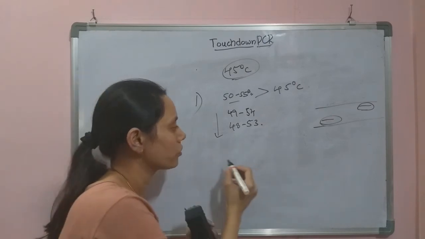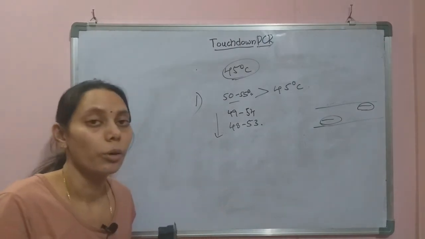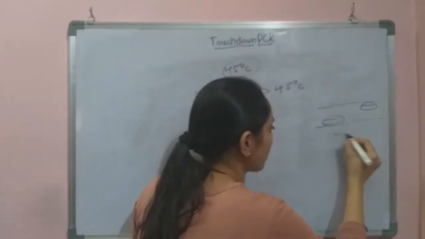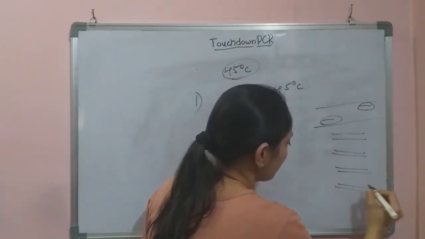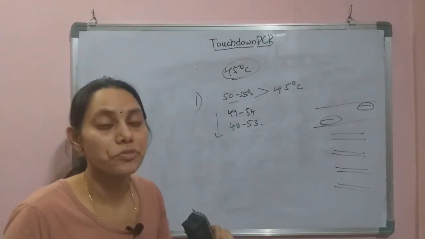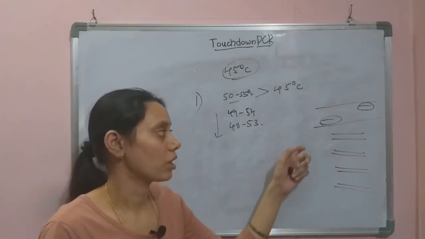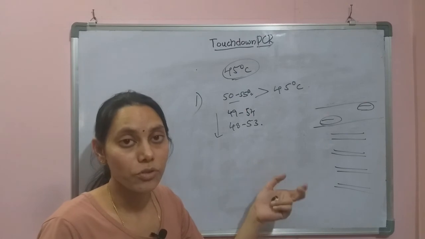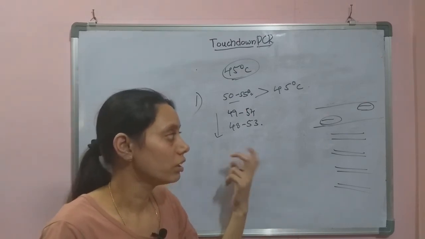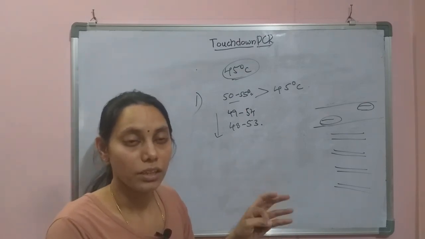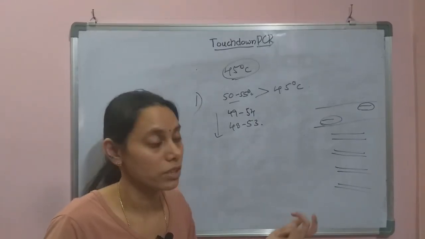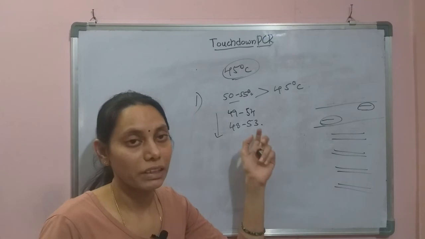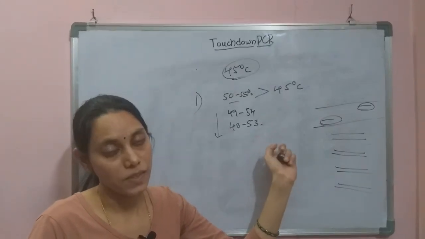Once some product is accumulated, that means the target DNA is already amplified, because of the geometric amplification of target DNA based on the number of cycles. The target DNA that needs to be amplified is already accumulated during the initial high annealing temperature cycles.